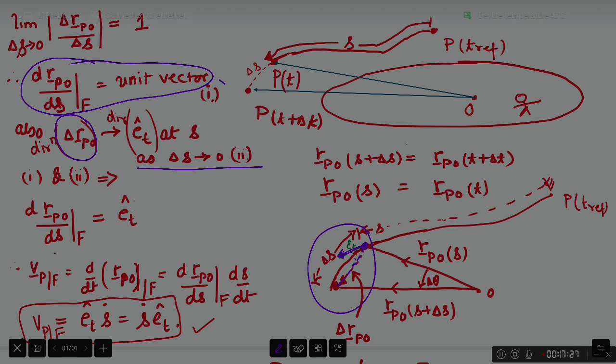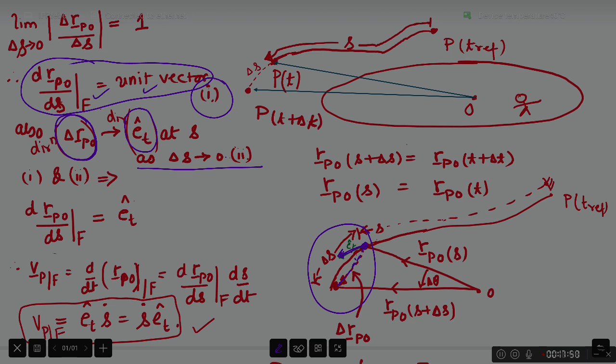So earlier I made a conclusion that the magnitude of the delta RPO by delta S vector should be unity, and now I am saying the direction of the delta RPO vector should become the same as the direction of ET as delta S goes to 0.